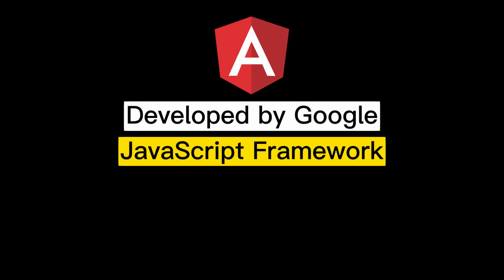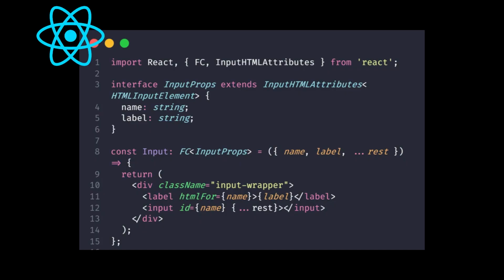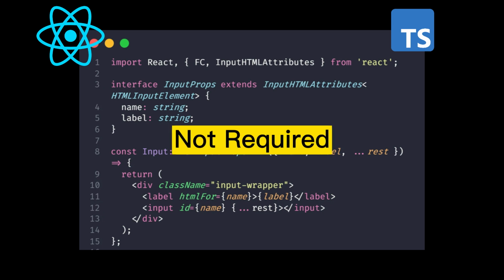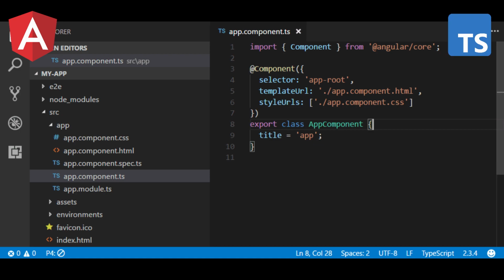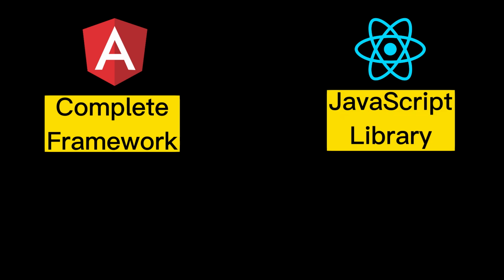Angular is a popular JavaScript framework which is used for building scalable and high-performing web apps. It uses TypeScript, whereas in case of React, you can also use TypeScript to improve your JavaScript code, but it is not mandatory. But in Angular, you will be using TypeScript by default. Also note that Angular is a complete framework, however React is a JavaScript library.